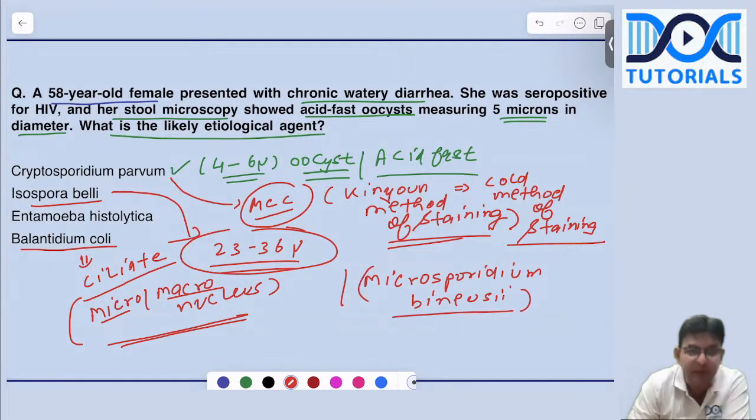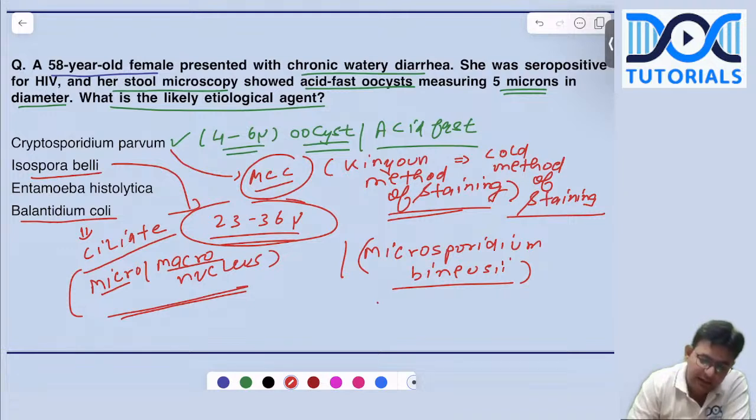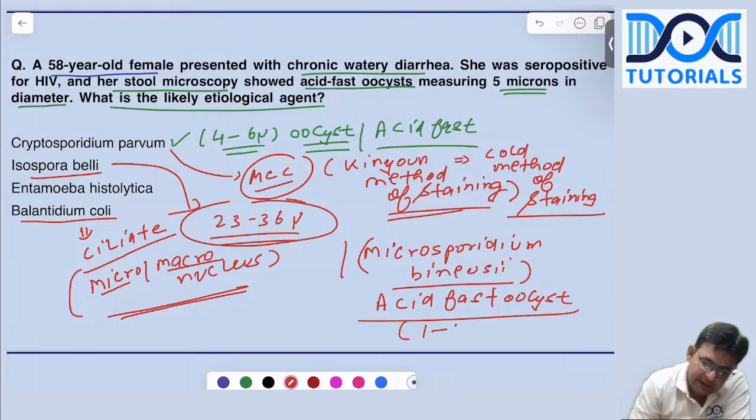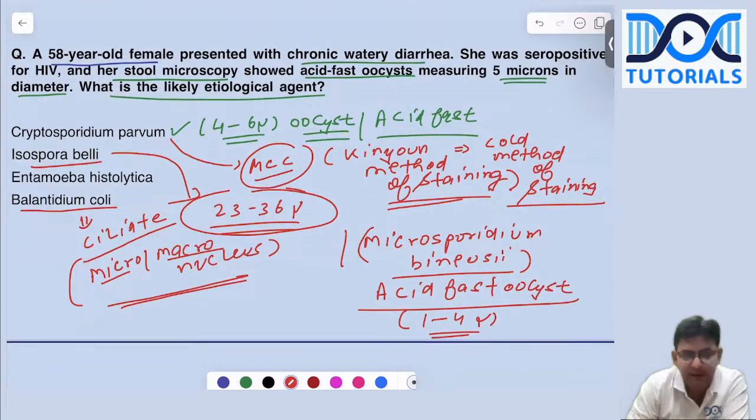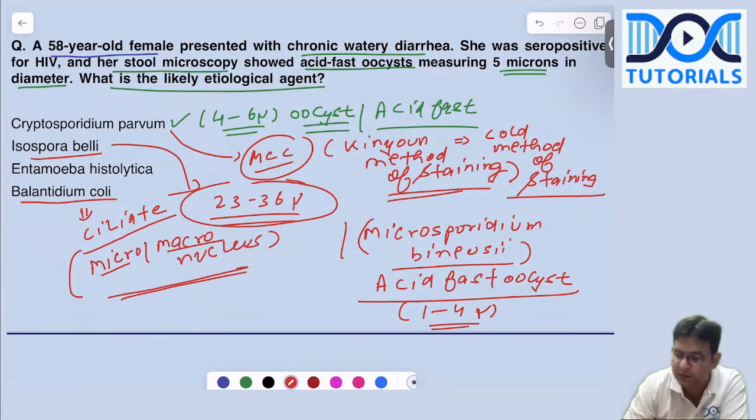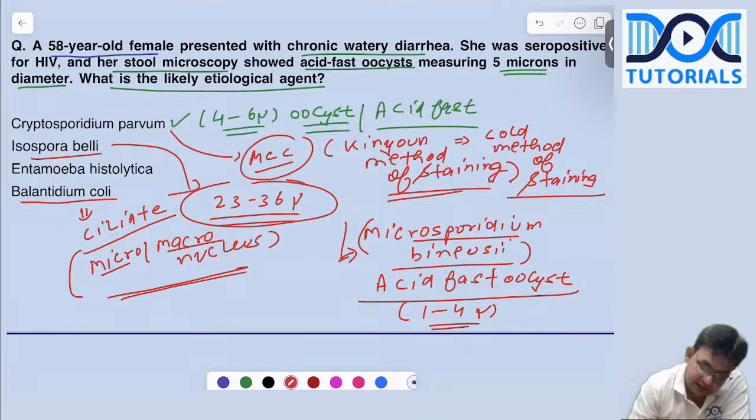This Microsporidium is also acid fast, and the size of the spores varies between 1 to 4 micron. Obviously it is less common than these three, but you need to know it might come as an option that it is there in the HIV positive also. Yes, this also is there.